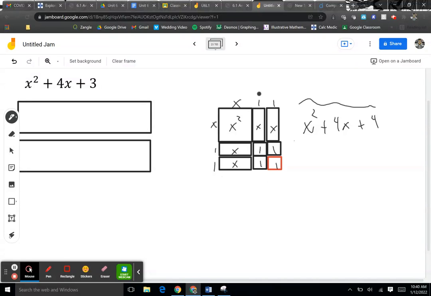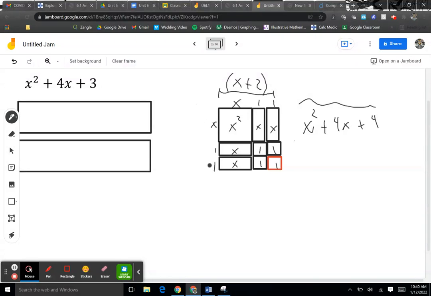I could also write this another way though. Instead of writing it as a sum of all of its pieces, I can write it as a product of its dimensions. Product meaning multiplication. So right here we have its dimensions. Along this side right here, this whole length is x plus 1, 2. So this is x plus 2 as a factor here.